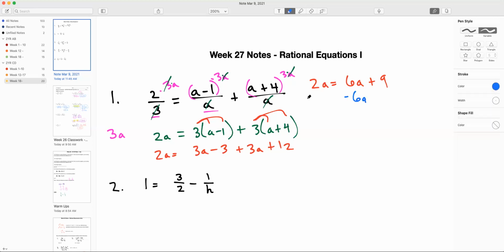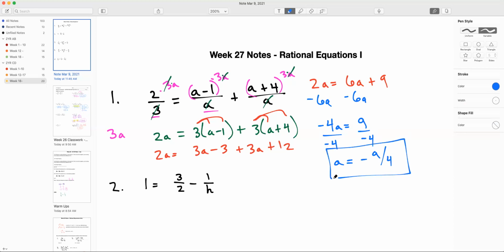Minus 6a, 2 minus 6. And then we divide by 4 on both sides. You should remember how to do this. So your answer for a is going to be -9/4.